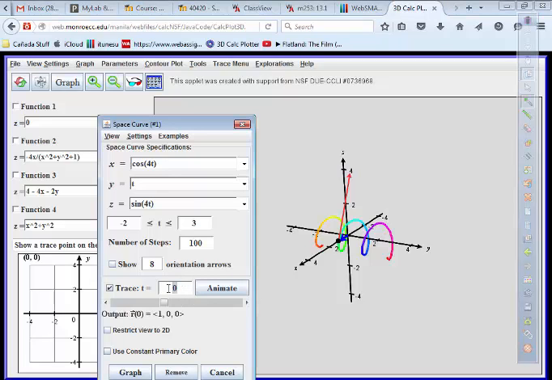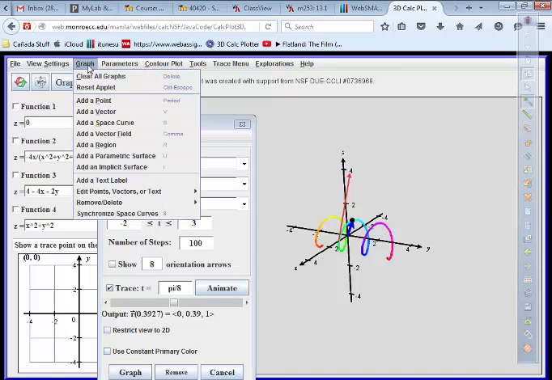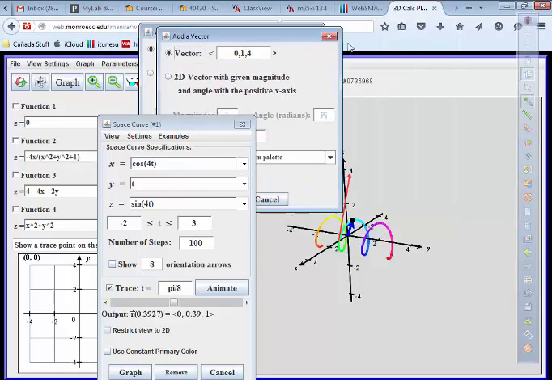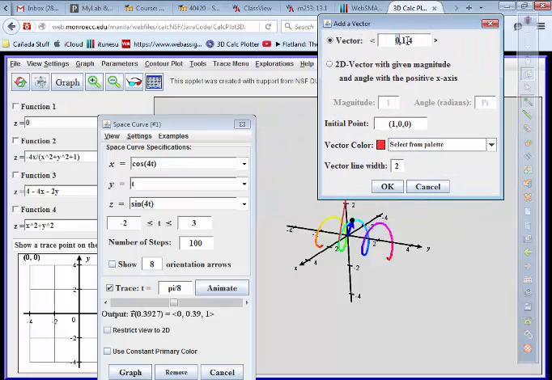Let's move this at pi over 8. So now we're up here. And then now we have another vector. The other vector is, do you remember what it was? It was negative 4, 1, 0.